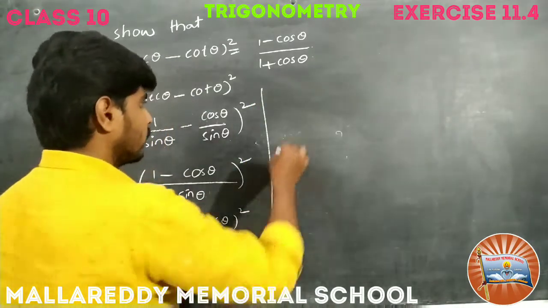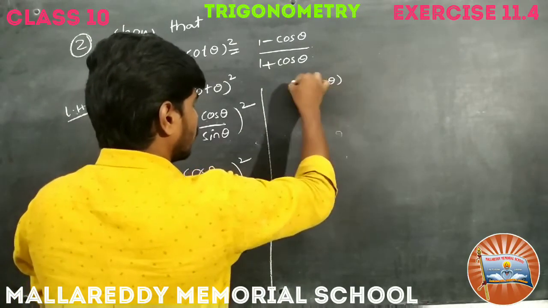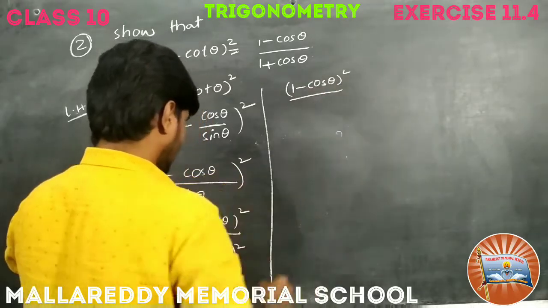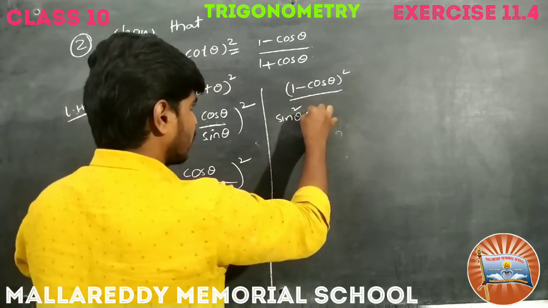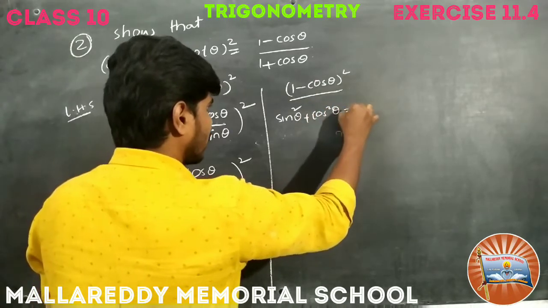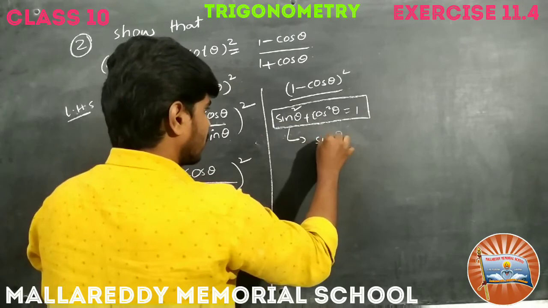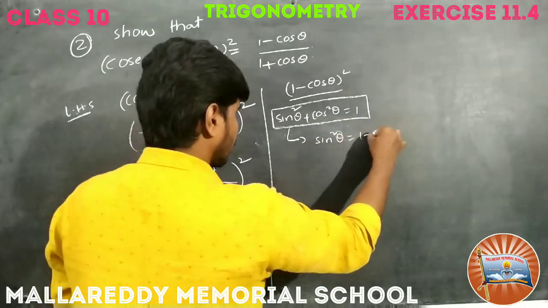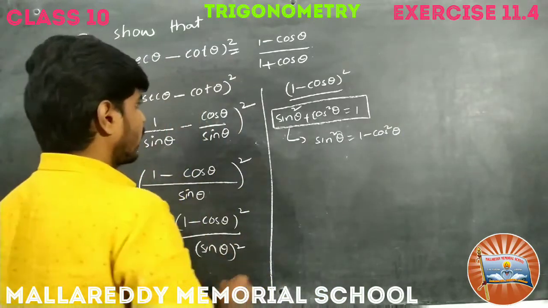So it becomes (1 minus cos theta) whole square as it is, by this sin theta square we can write. So we have one formula, sin square theta plus cos square theta equals 1. By this we can write sin square theta is equal to 1 minus cos square theta, isn't it? Right.